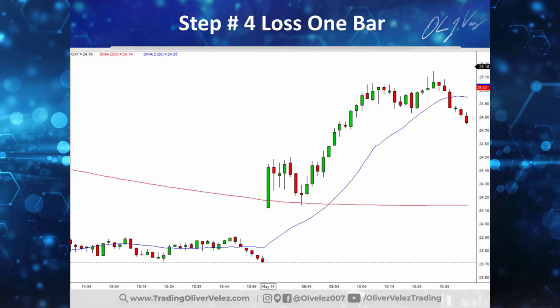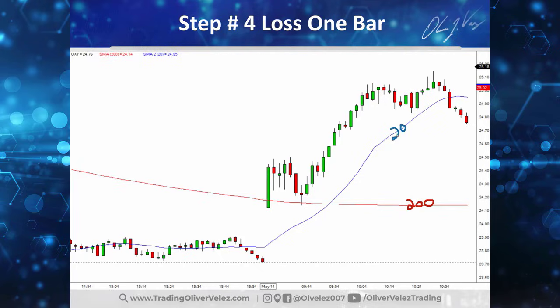We're going to go back to Oxy here. My traders are told, now what you're looking at is 2 moving averages on Occidental Petroleum here. This moving average, the blue one, is called the 20 period simple moving average, and the red one is the 200 period simple moving average. All these moving averages do is sort of smooth out the data.